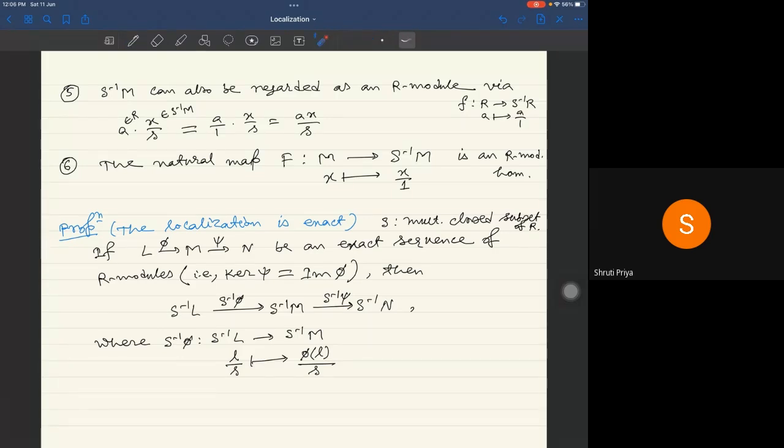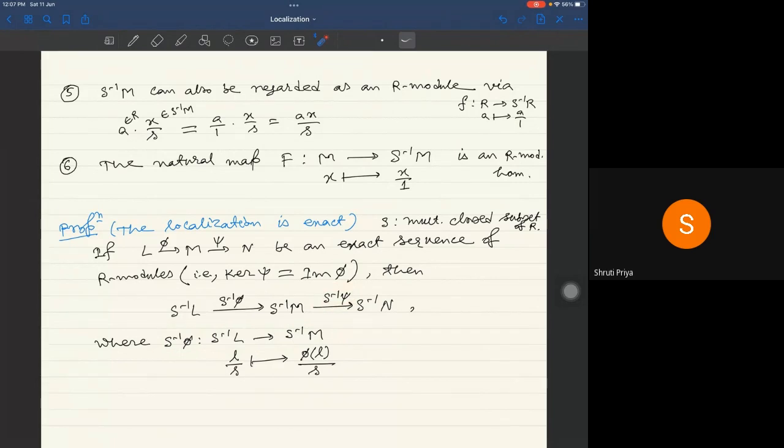You can verify that this map is an S inverse R module homomorphism. So not only does it preserve addition, but also scalar multiplication where scalars are coming from S inverse R. This also is an S inverse R module homomorphism.